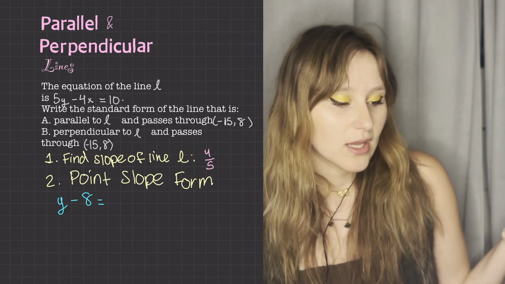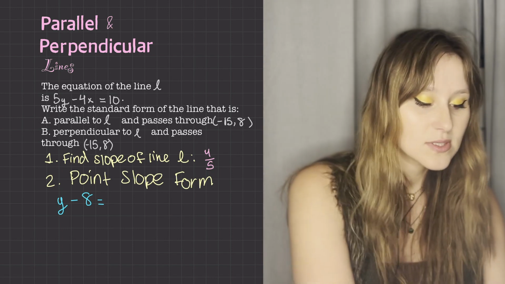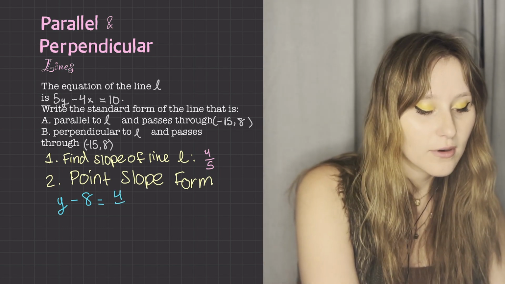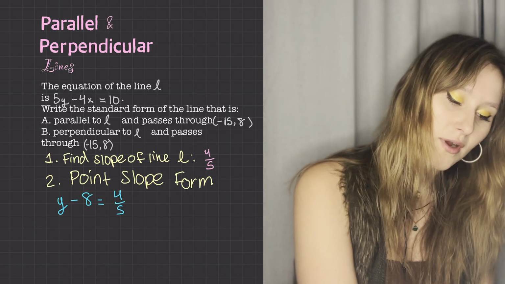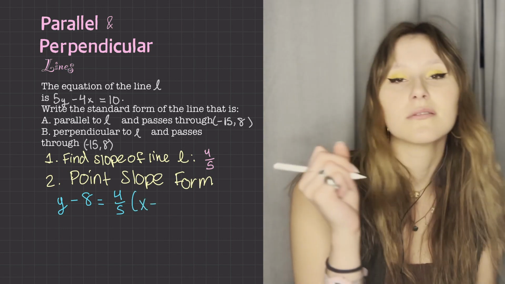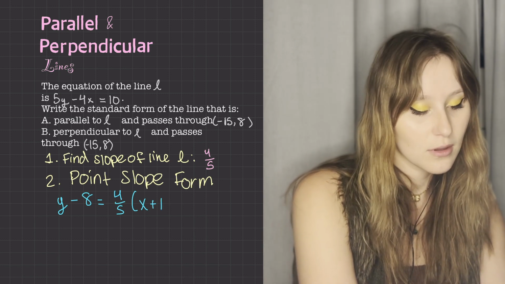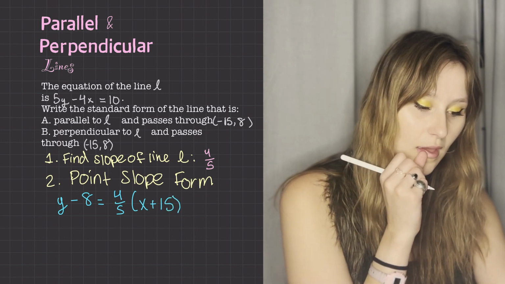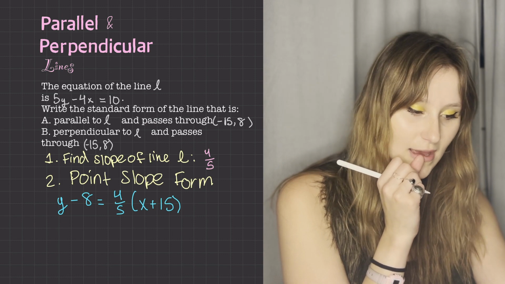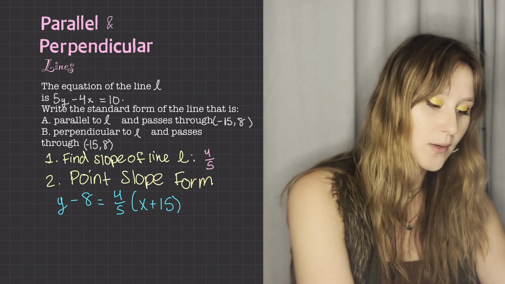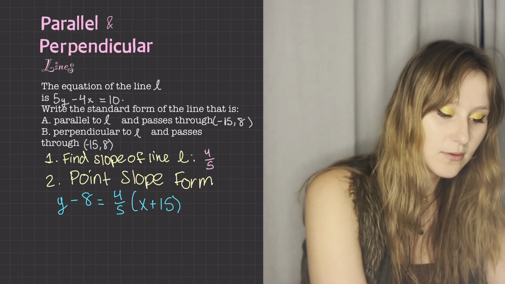Because we're finding a parallel line, so it would have the same slope. And so we get 4/5. And then in parentheses, we get x minus negative 15, which is going to be plus 15. Okay? And then at the end of the day, we are going to be writing it in standard form. So that's usually how it goes.